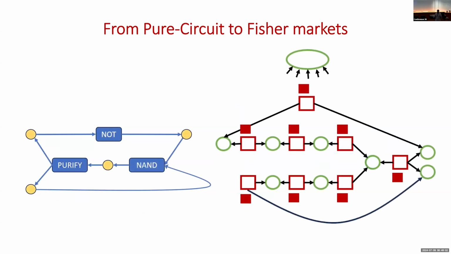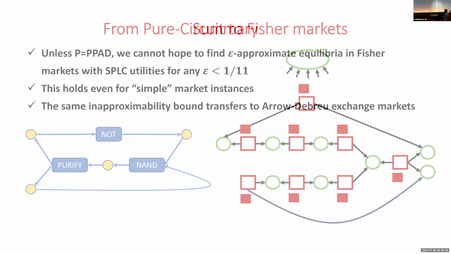To give you a picture of how complicated the instances are, suppose that you start from a very simple instance of a pure circuit. This is the corresponding market from the reduction. You can see that it's not crazy, difficult or complex. So even these simple instances are PPAD-hard, basically.